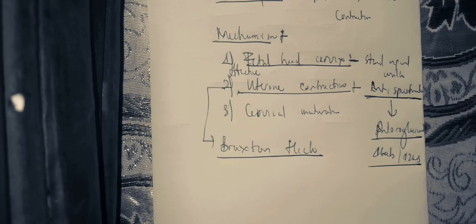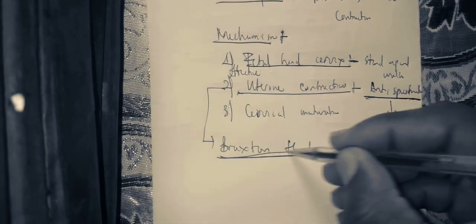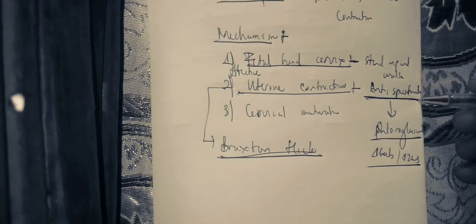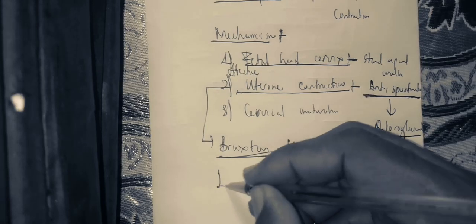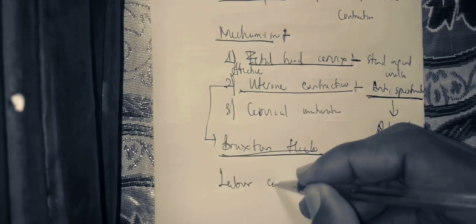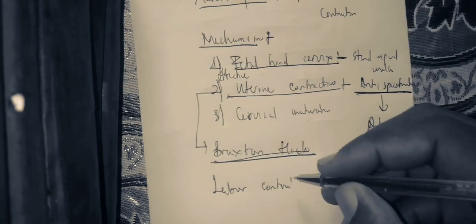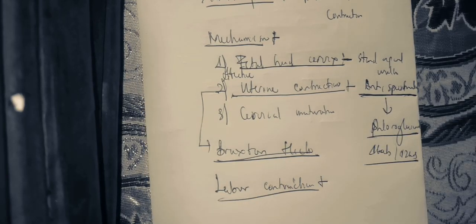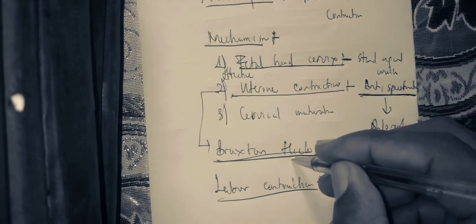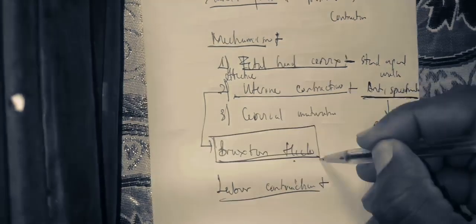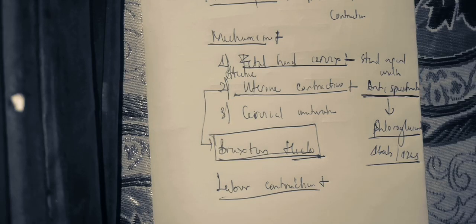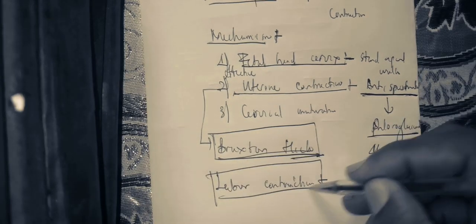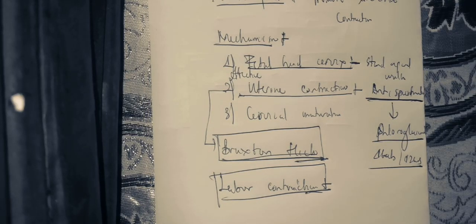You need to know that Braxton-Hicks contractions can be stopped by antispasmodics, but normal labor contractions can never be stopped by antispasmodics. The antispasmodic prevents the false labor or ineffective contraction, but the good labor or effective contraction is never prevented.